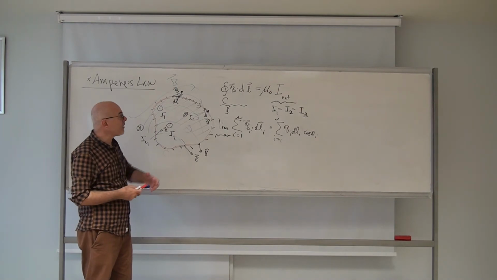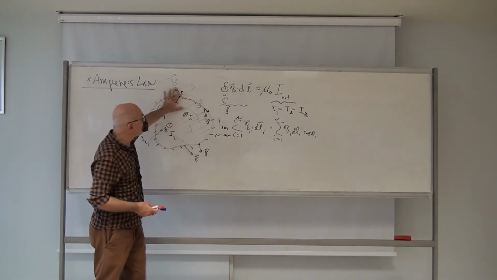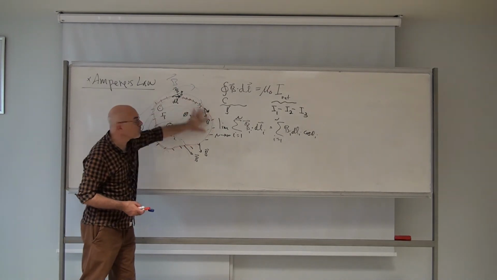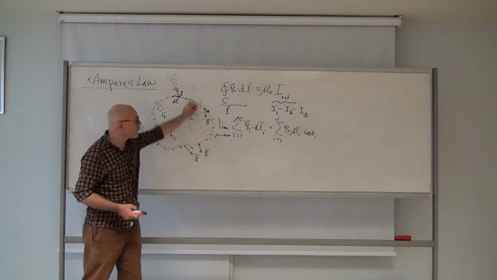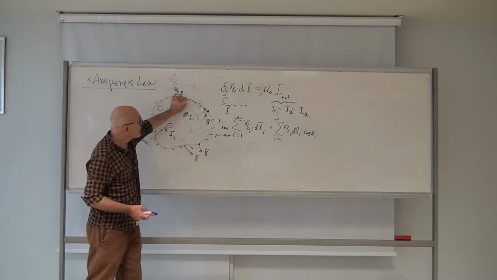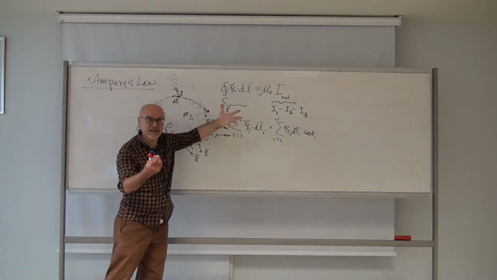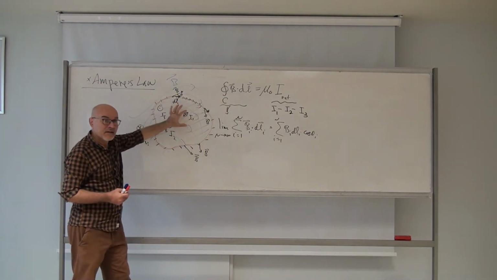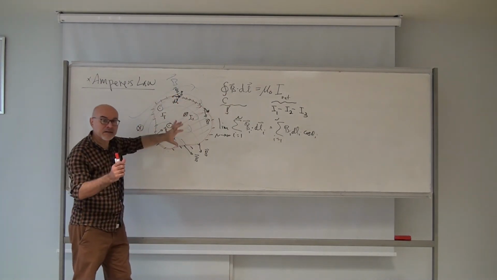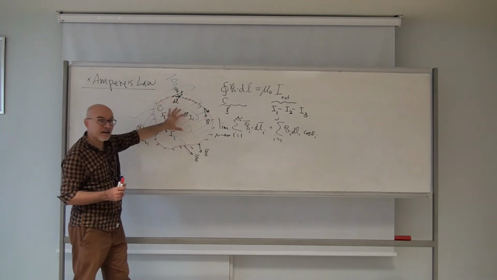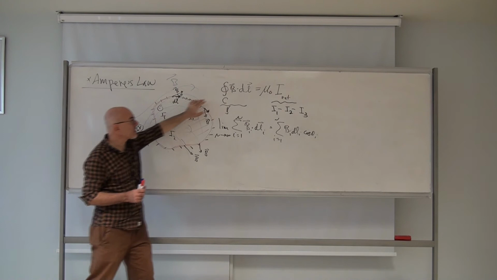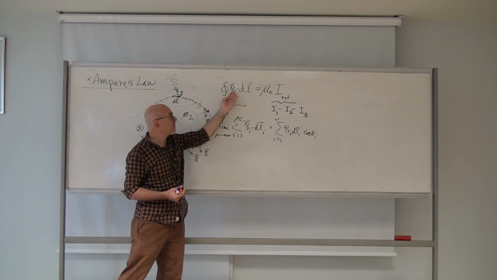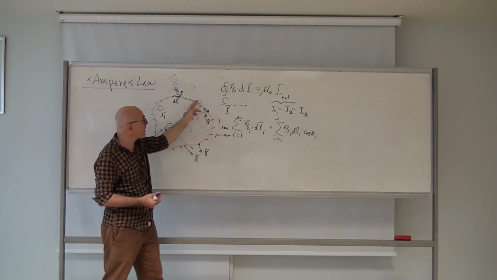So my result now is that the line integral of the magnetic field that exists on this contour, which is completely arbitrary, choose any contour and calculate this line integral. It's an abstract quantity, I'm aware of that, but calculate this line integral. Then Ampere's law says that it's a complicated integral, but its value is a number, because the magnetic field at different points is a vector which has different magnitudes and different directions.